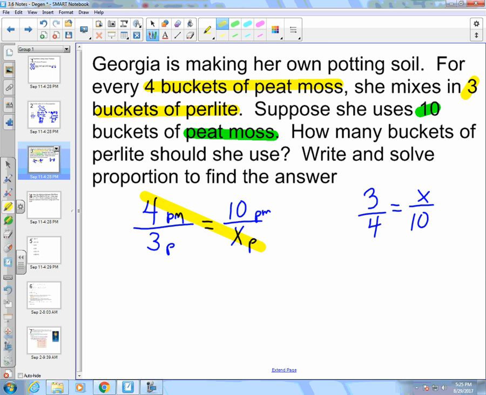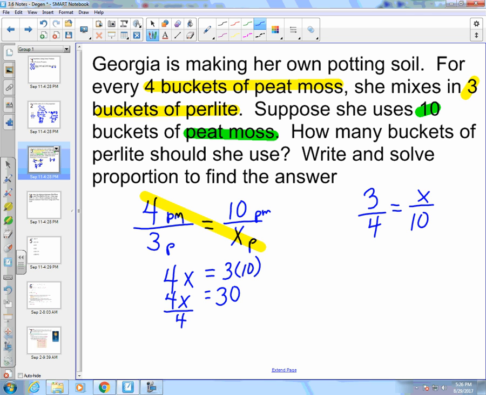So let's start looking at our cross products. We're going to take the 4 times the x and the 3 times the 10, and 3 times 10 is 30. If you know that, you can go ahead and jump straight to the 4x equals 30. That's fine.